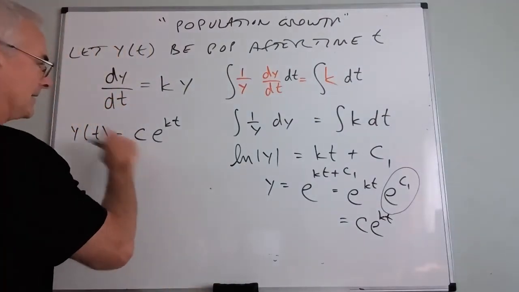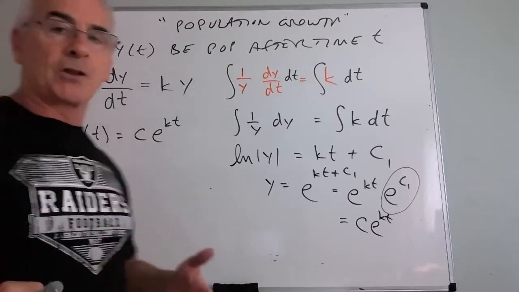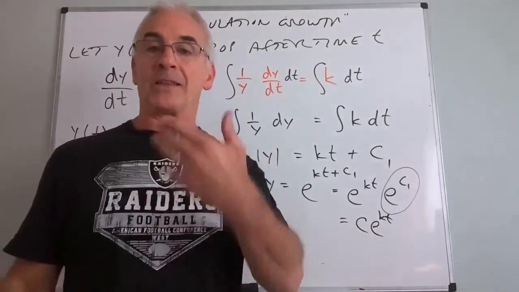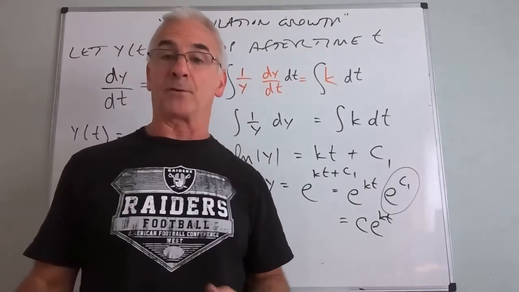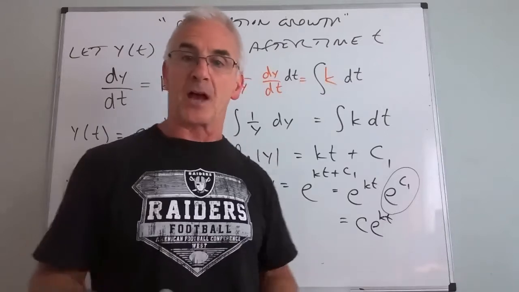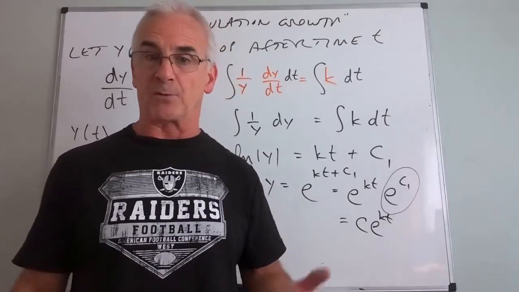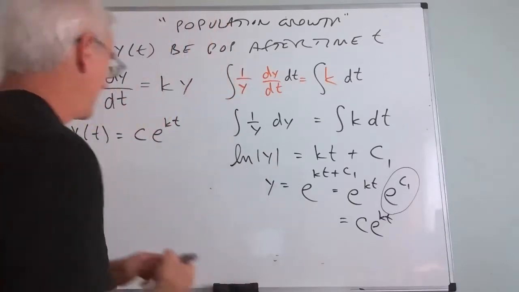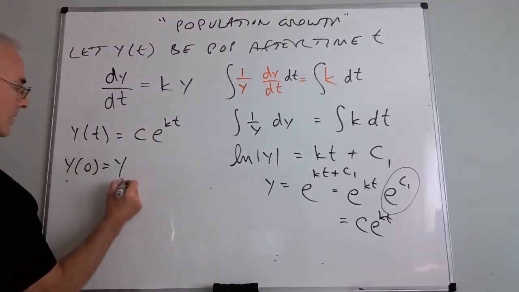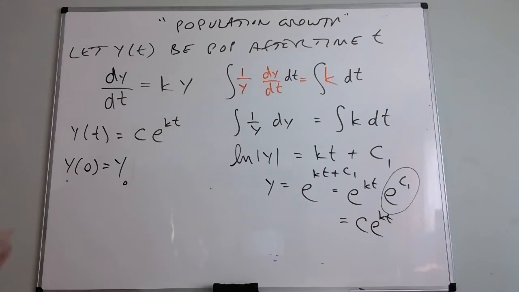What about that guy? Well, right when I started, if I said the population today is some value, that's called our initial population. We often refer to that with a subscript of 0. In any situation in math and science, when you use a subscript of 0, that always refers to an initial condition. So if I said y of 0, sometimes we write it like that, y sub 0.